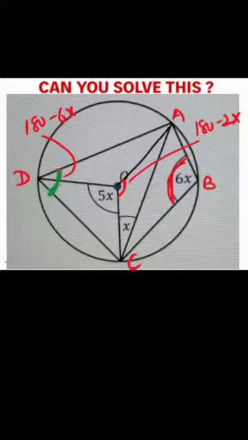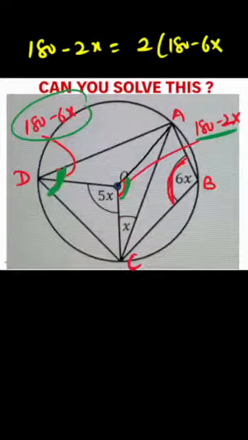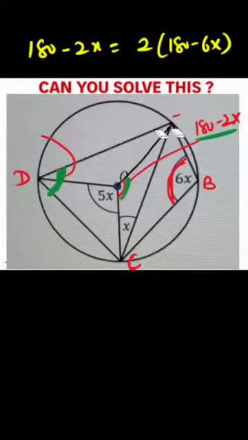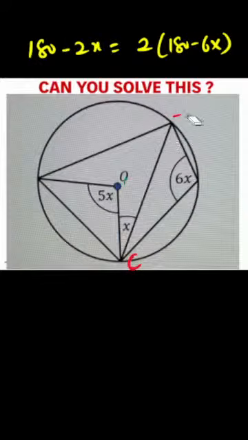D is this angle, and this angle is subtended by the same arc at the center. This is the angle subtended at the circumference. So this angle 180 minus 2x is going to be double of it. So I can write that 180 minus 2x is equal to double of 180 minus 6x. Using this, I can solve for the value of x directly, and the value of x is going to be 18.